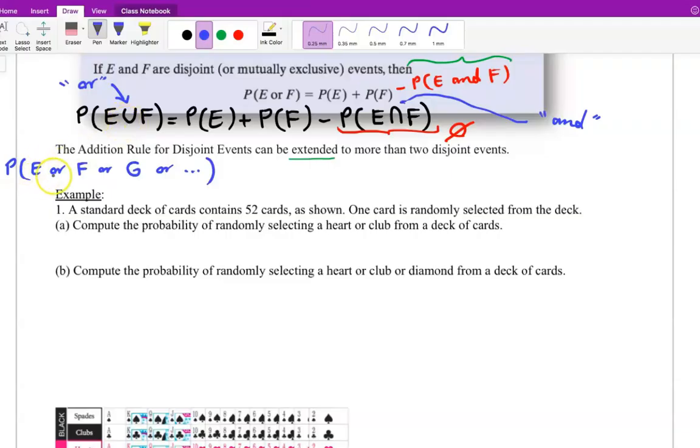We can write E union F union G, and that is equal to probability of each one, writing each one individually, and we should add. So when you have or in between, it means you should add the probability of each event, and so on.